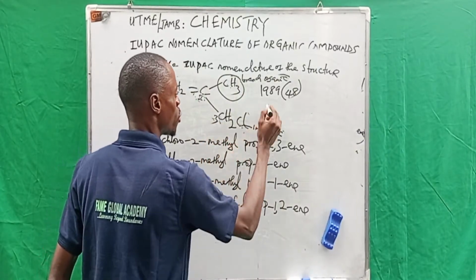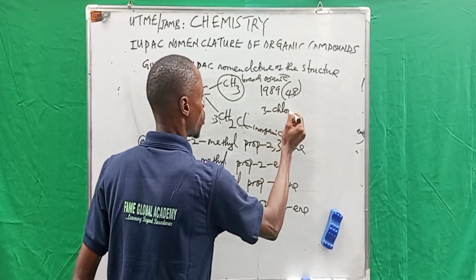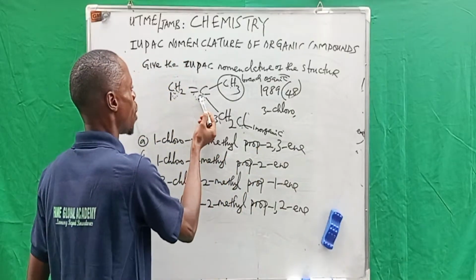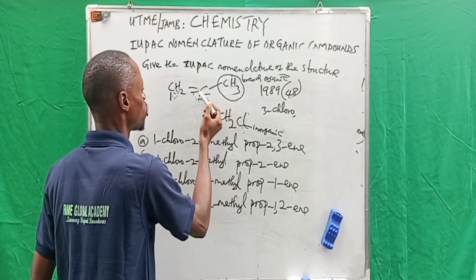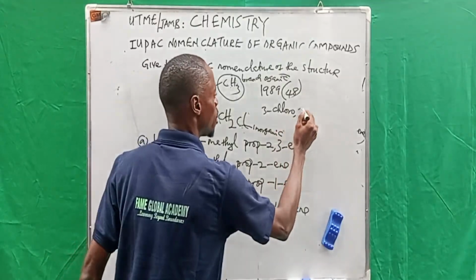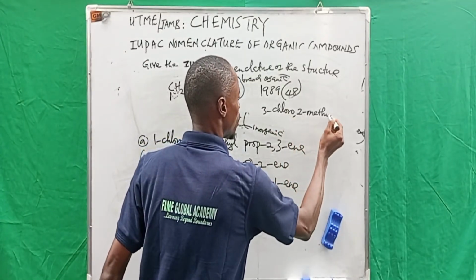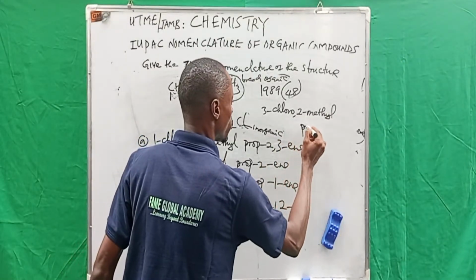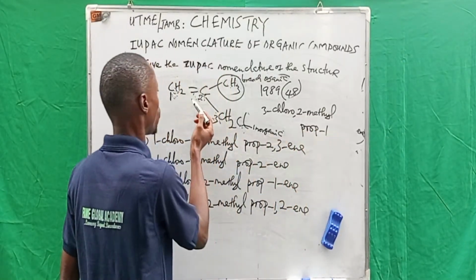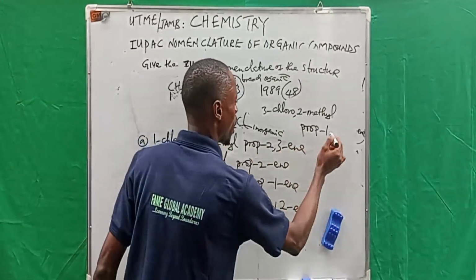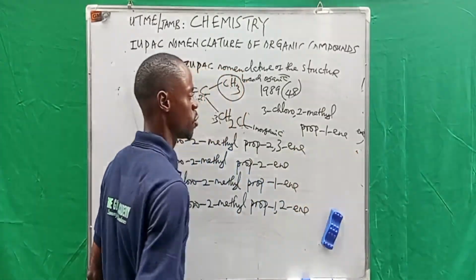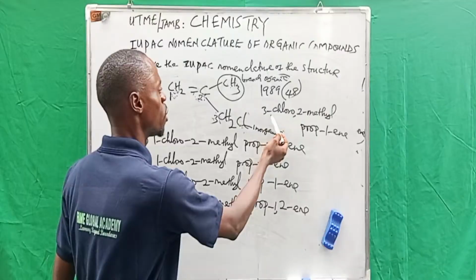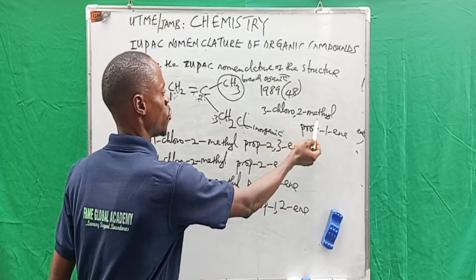At carbon atom 3, we have the chloro. Say 3-chloro. Then at carbon atom 2, we have a what? Methyl. Now say 2-methyl, before I now name the 1, 2, 3, the longest carbon, which is prop. At carbon atom 1, we have the functional group: prop-1-ene. Did you get that? You name inorganic ahead of what?